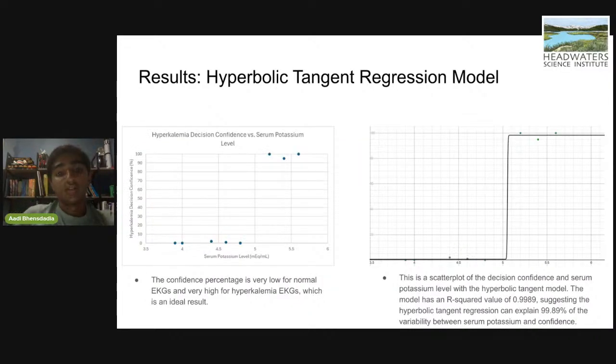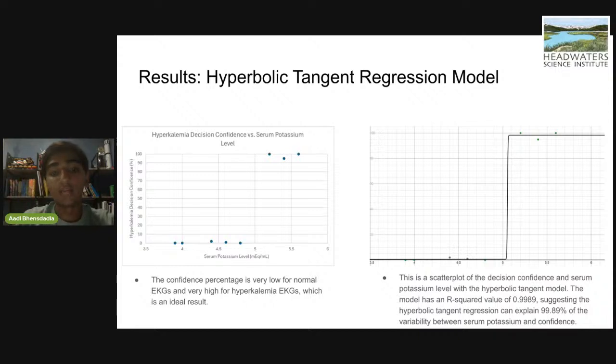So the results of the hyperbolic tangent regression model, as you remember, this is the serum potassium quantification approach. The confidence percentage is very low for normal EKGs, as we can see on that scatter plot on the left. So everything falling below 5.2 milliequivalents per liter has a very low hyperkalemia confidence, which is ideal.